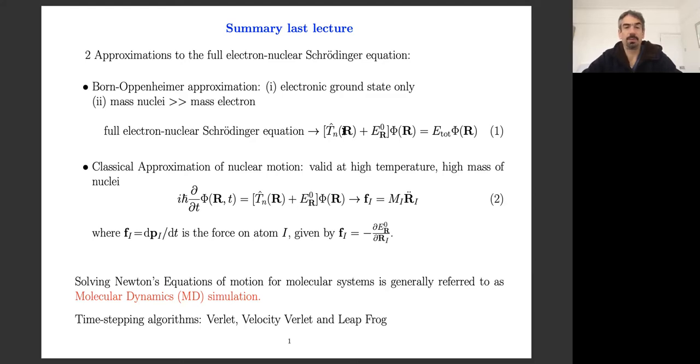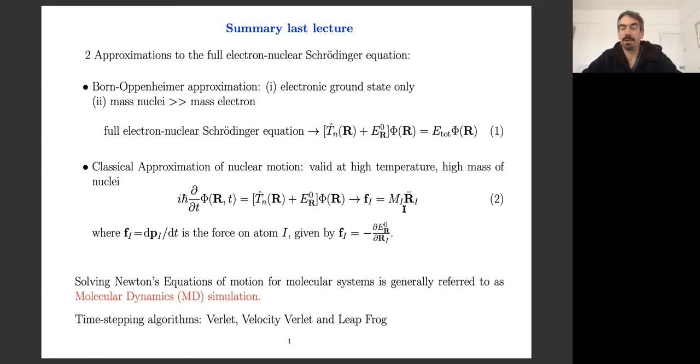And so the next approximation was the classical approximation of the nuclear motion. That's valid at high temperature and for high masses of the nuclei. Essentially, you replace the time-dependent Schrödinger equation by Newton's equation of motion, right? And we have seen how one can do that last time.